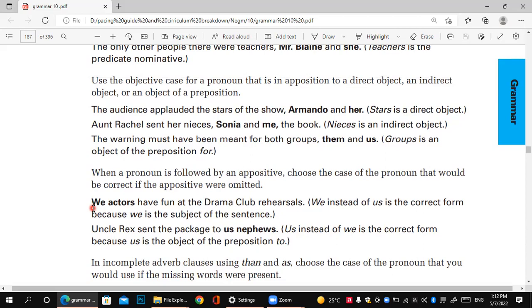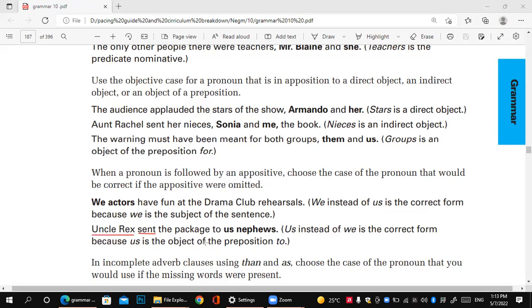So here's the next example: "Uncle Rex sent the package to us nephews." The verb is sent. So Uncle Rex is the person, the subject.